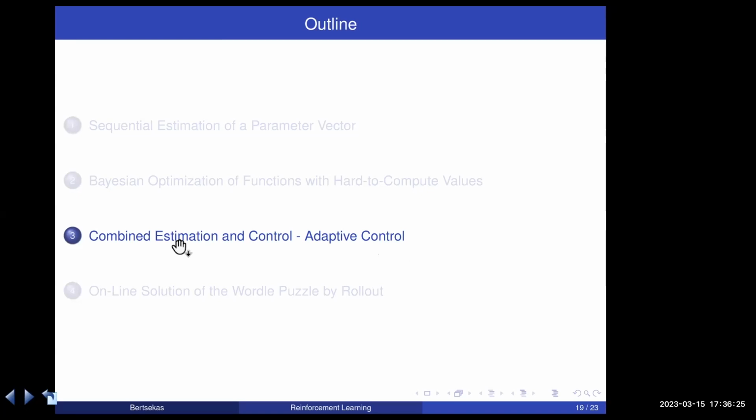That's the indirect adaptive control approach. And we have discussed also the possibility of doing adaptive control by rollout. Now, I'm going to discuss a more principled adaptive control approach that makes no a priori assumptions about the structure of the controller, starts from dynamic programming, and goes from there.